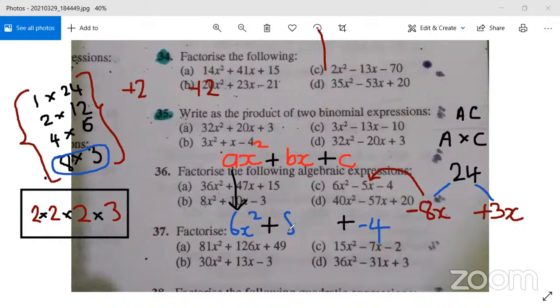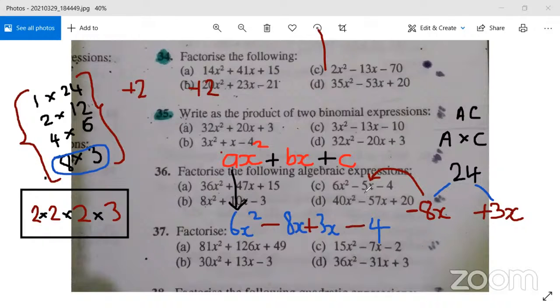So we'll have an 8x there, a 3x here, and of course, let's just do everything as it should be. So your 8x is going to be a negative sign. Your 3x is going to be a positive sign, and you'll have your -4.